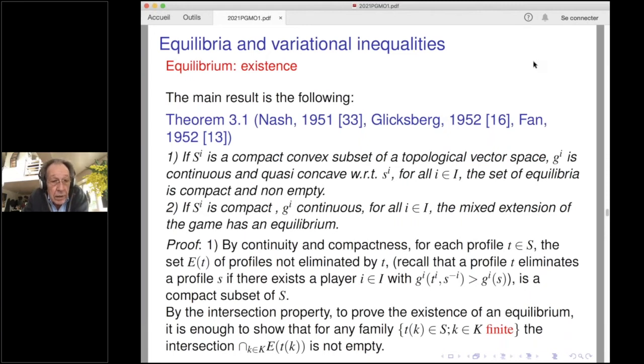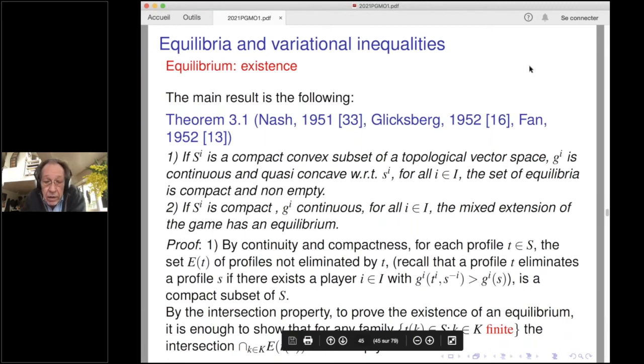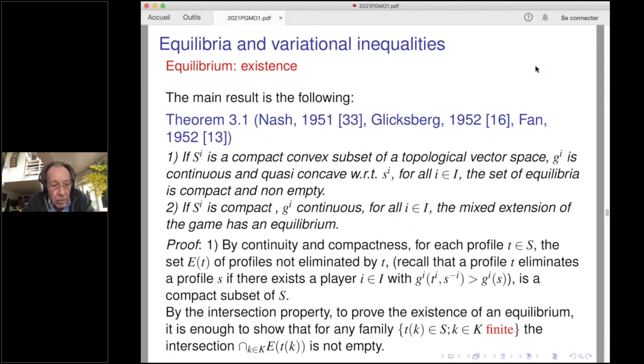Proof, so I prove the first one. By continuity and compactness, for each T, the set E_T of profiles not eliminated by T is a compact subset. Recall that a profile is eliminated if there is a player i such that you have this inequality. Okay, so if there is no i such that there is this inequality, you have the large inequality in the other direction, and this gives you a set which is at the same time convex, okay, and compact by continuity.